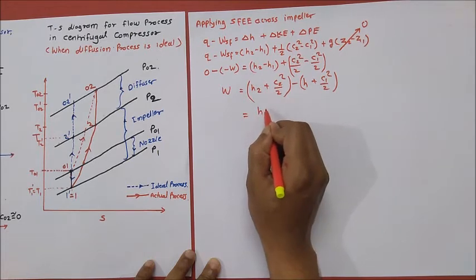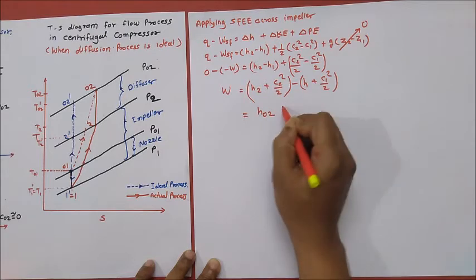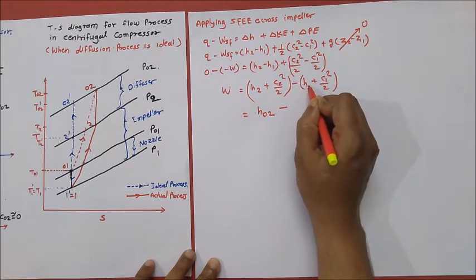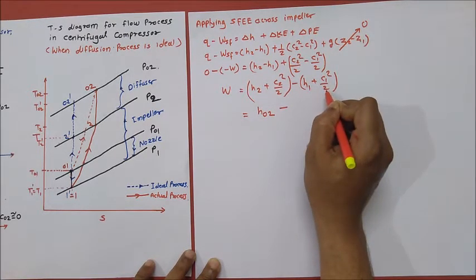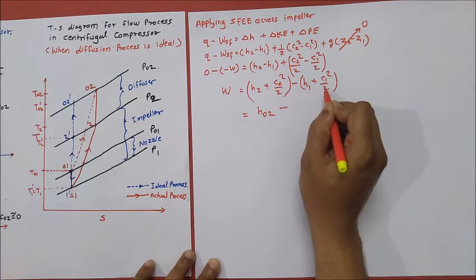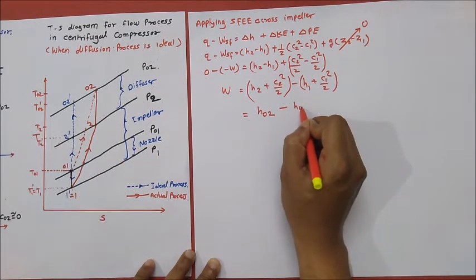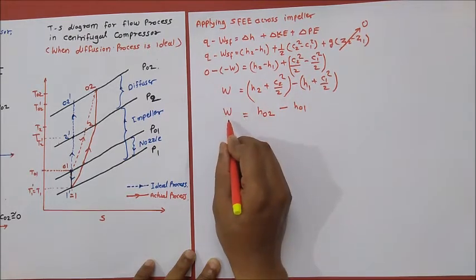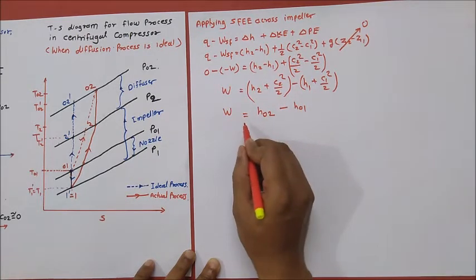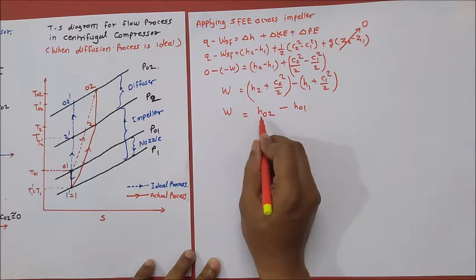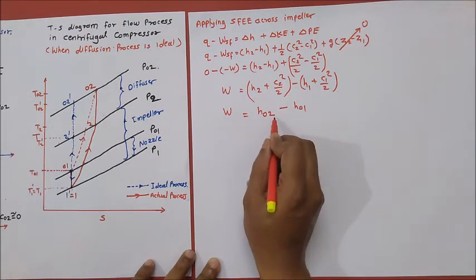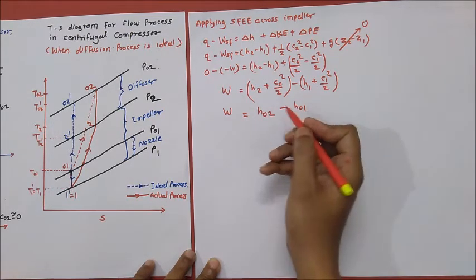So we will write it as H02, since it is a stagnation state, minus this term H1 plus C1 square by 2, which is stagnation enthalpy at state 01 and therefore it is equal to H01. So work done W supplied to the compressor is equal to H02 minus H01.